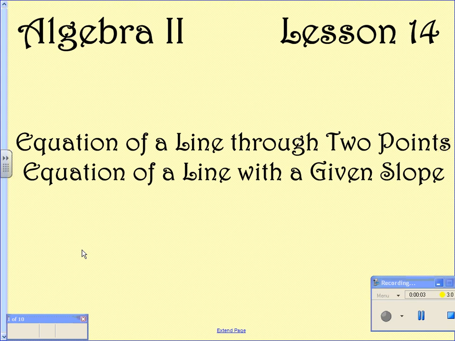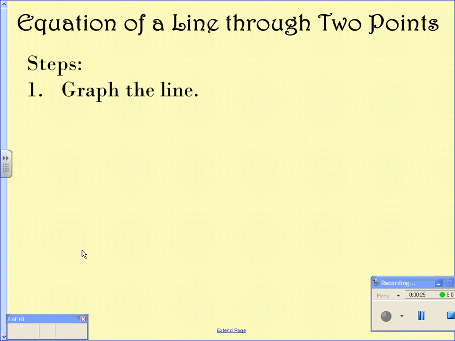To look at an equation of a line through 2 points, and then an equation given. So your first step, you're going to graph your line.